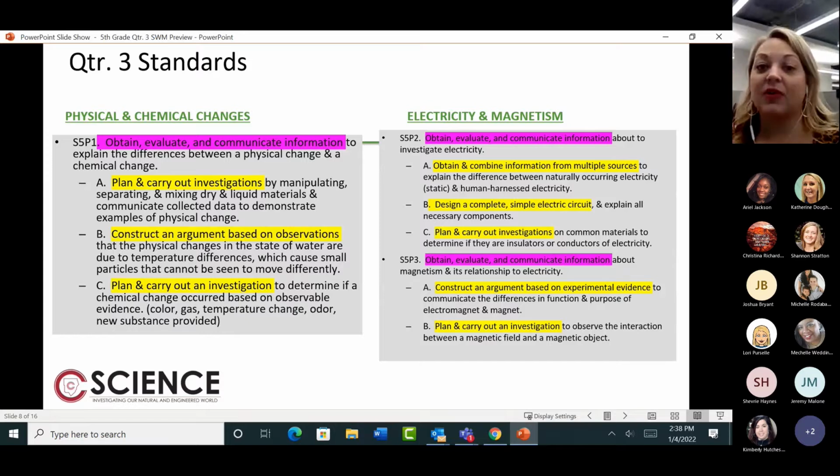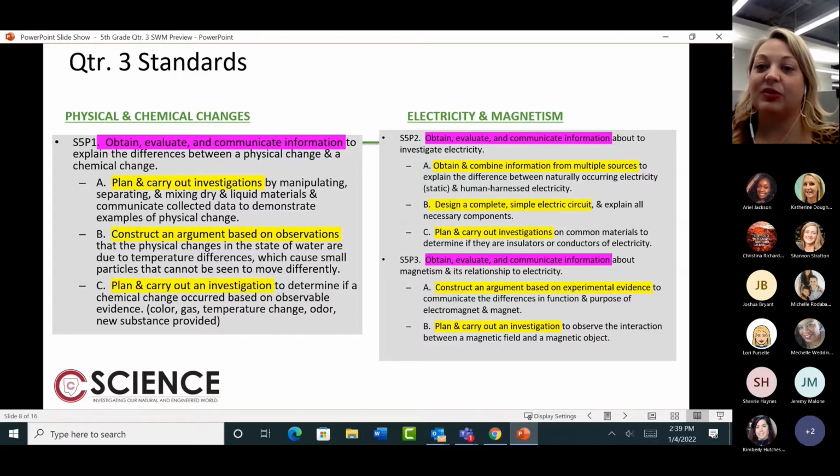Now, the second standard with this, our magnetism standard, says obtain, evaluate, and communicate information about magnetism and its relationship to electricity.